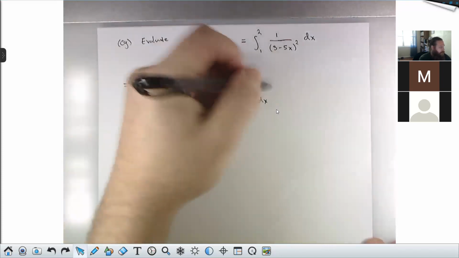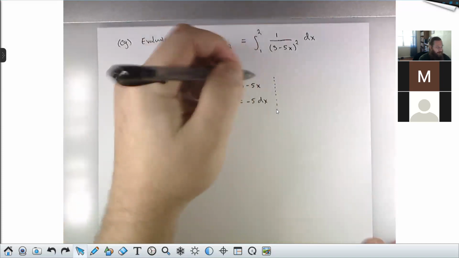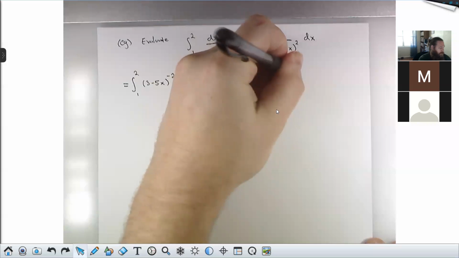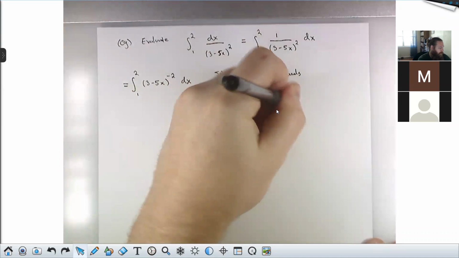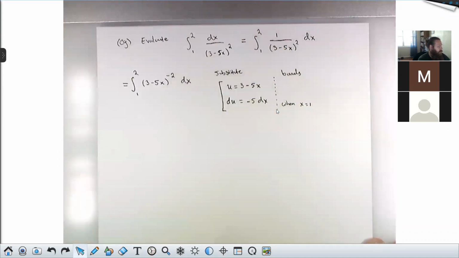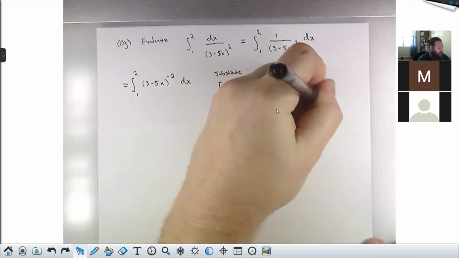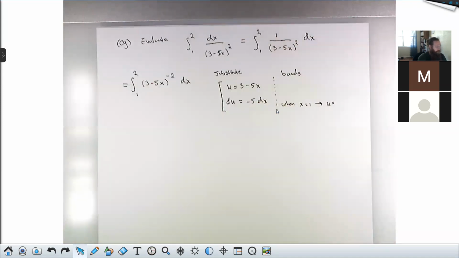All right. And then the other thing we do here, because this is a definite integral, we change our bounds. Our old bounds were 1 and 2. So when x is equal to 1, what is u equal to? Negative 2.